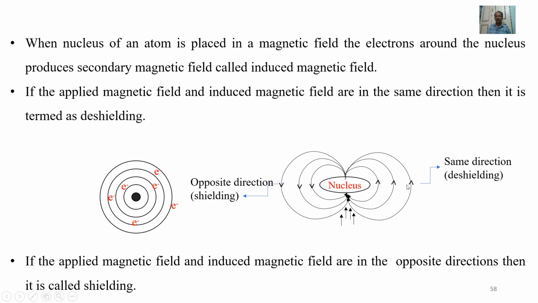So this is your de-shielding. The external magnetic field and the local field are in the same direction. If the applied magnetic field and the induced magnetic field are in opposite directions, then it is called shielding.